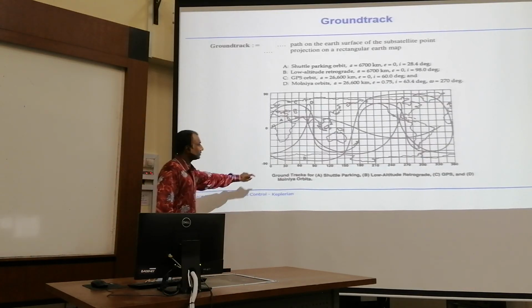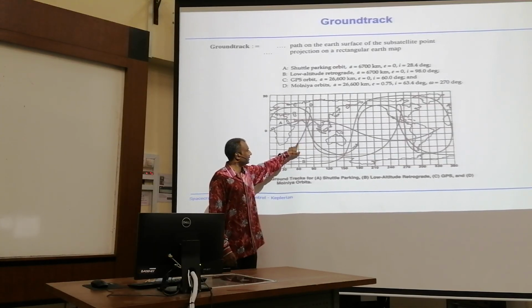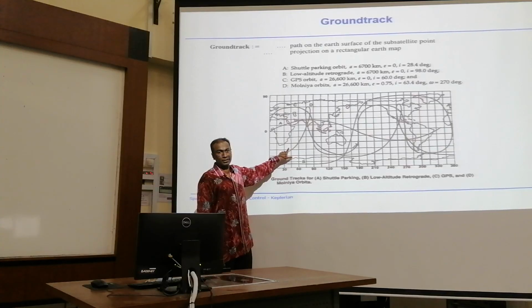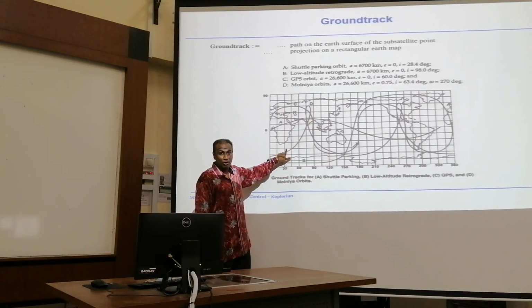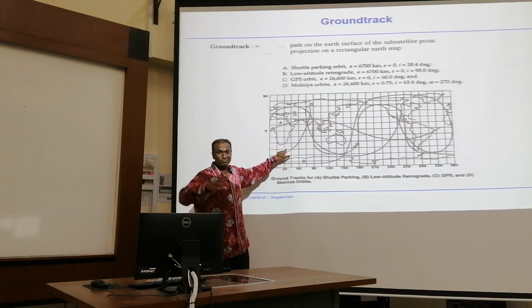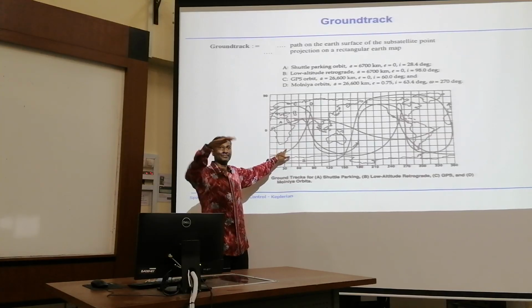Now, this ground track is always associated with the orbit control. Now, if orbit control is off, this can be disturbed. Now, if attitude control is off, depending on the magnitude, maybe a total tumbling.